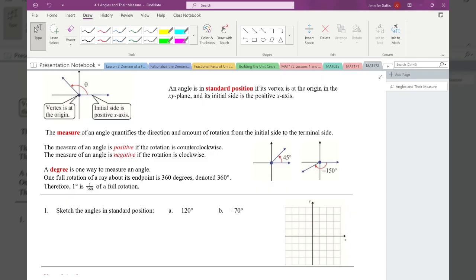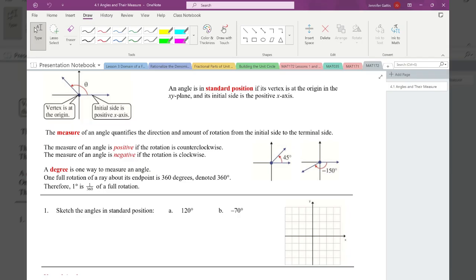If angles are rotated counterclockwise, so the opposite direction from the way the hands on a clock move, then the measure of the angle is positive. And if the rotation direction is clockwise, then the measure of the angle is negative.